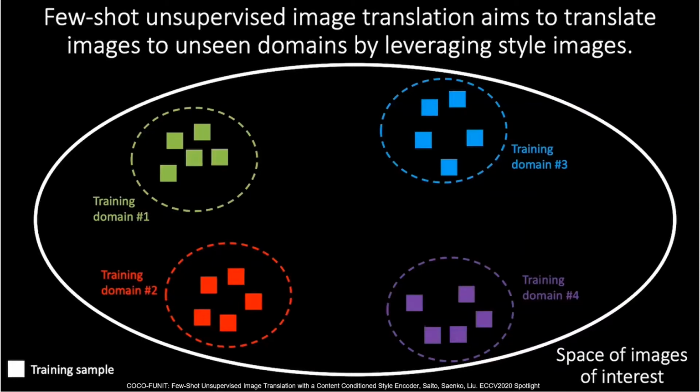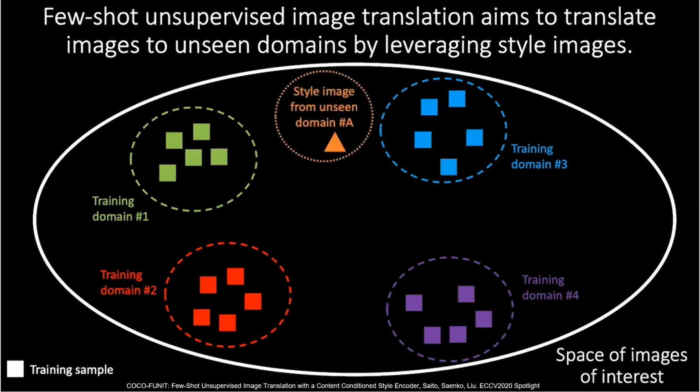We call this the style image. So suppose we have training domains that we see here. And so we train our model, and then at test time, we receive a new style image from a new unseen domain. And our goal is to translate content images from a training domain to look like, style-wise, it came from an unseen target domain.